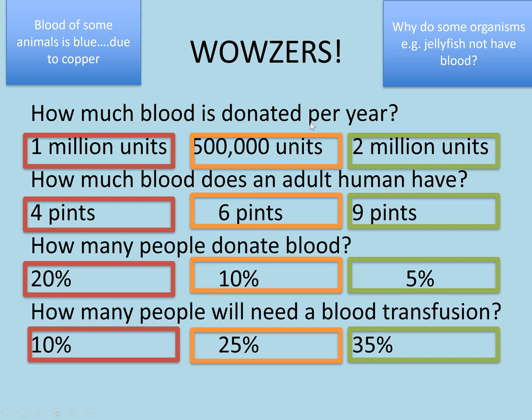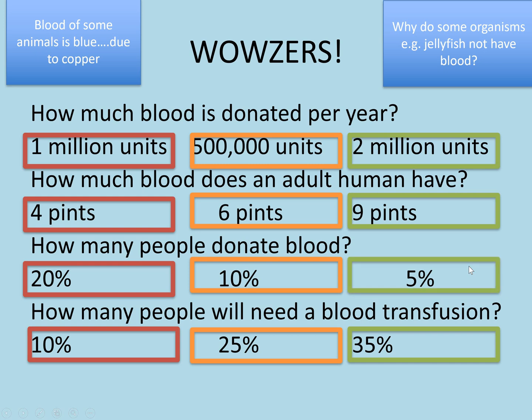So the answers. How much blood is donated per year? It is 2 million units donated per year. How much blood does an adult human have? It is 9 pints of blood. So if you've got a pint carton of milk in your fridge, it's 9 of those pints. How many people donate blood?